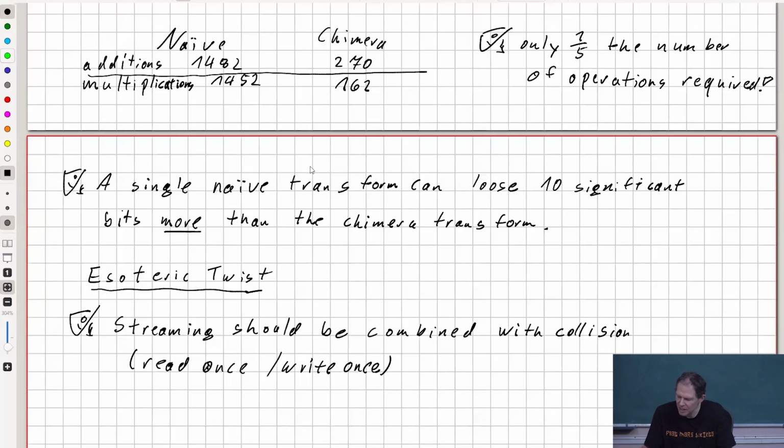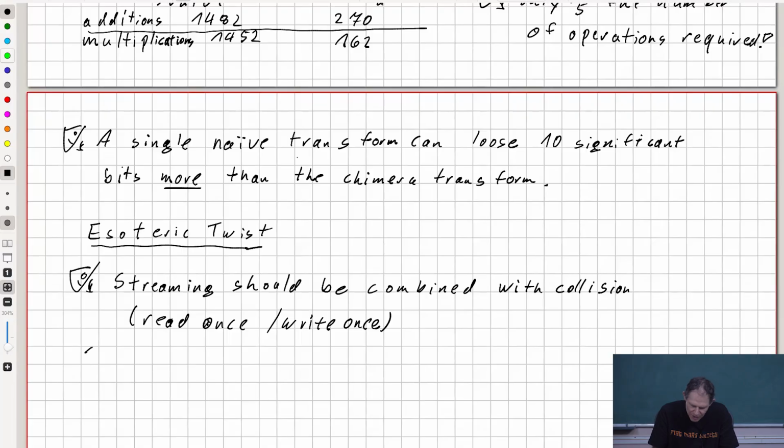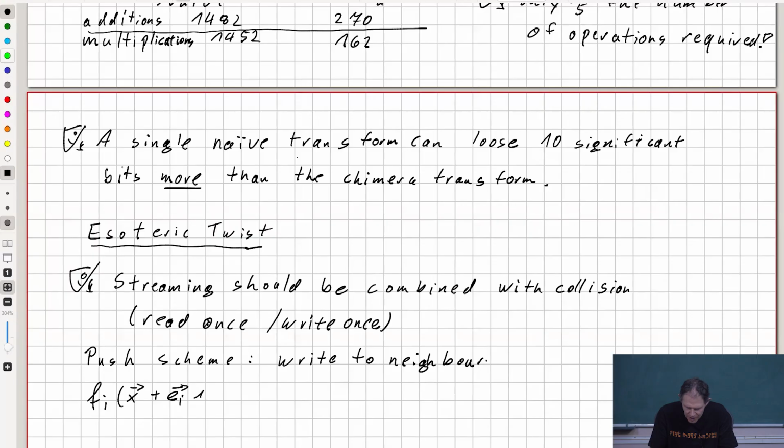Now, what we have seen in our example was the so-called push scheme, where we write to the neighbor. This is how the example code was implemented. So we have f_i at x, and we go to x plus e_i delta x.